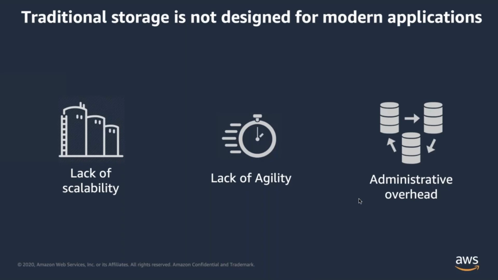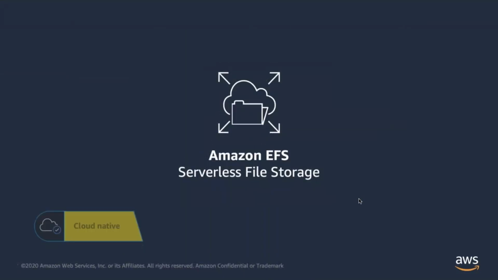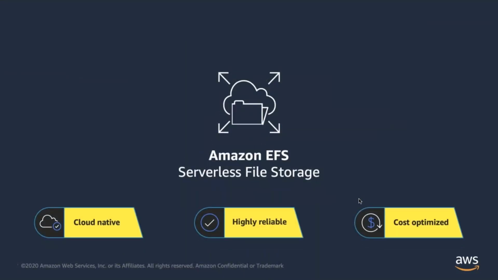And then just the overall administration overhead of managing the hardware, the operating systems, the configurations, and everything that goes along with storage infrastructure. It was those main challenges that led us to make available Amazon Elastic File System.